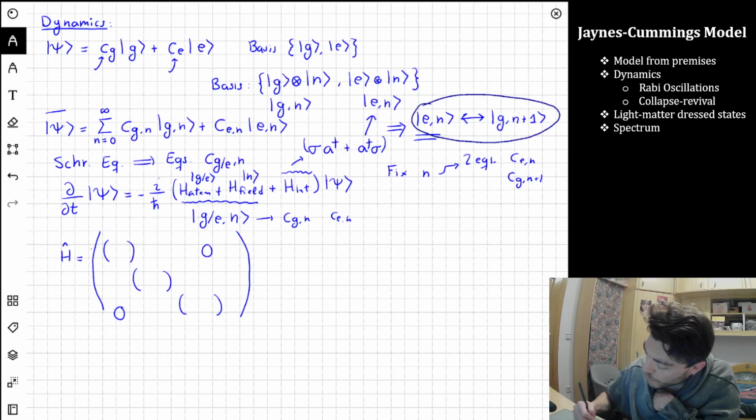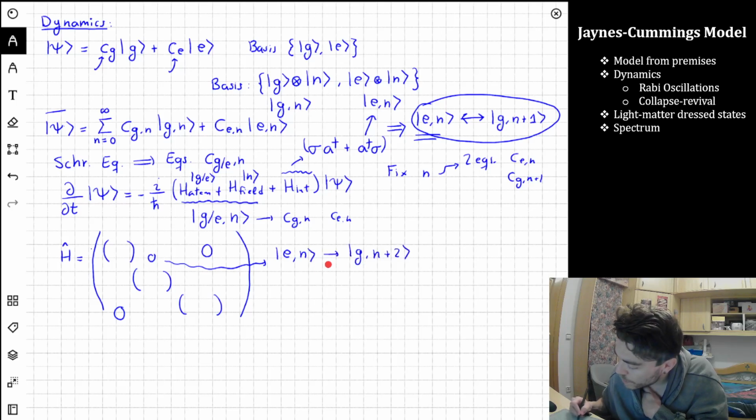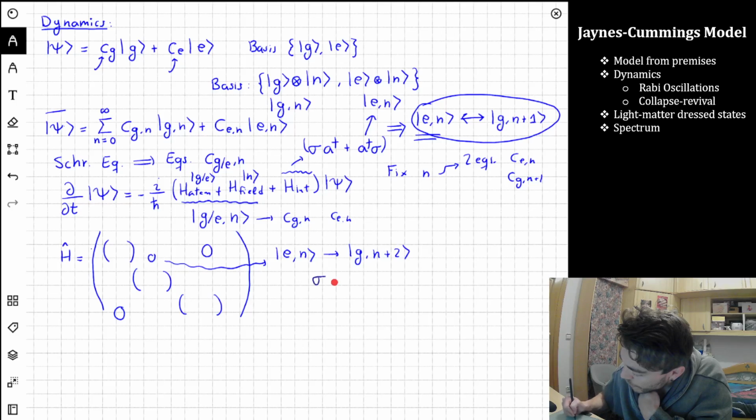So, for example, here we would have a term that is the coefficient of a coupling of E, let's say, n to G n plus 2. But in order to have this coupling, we would need a Hamiltonian that has a term sigma a dagger squared.